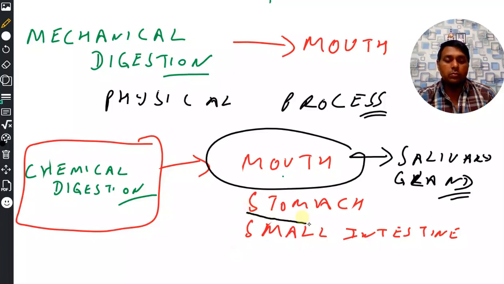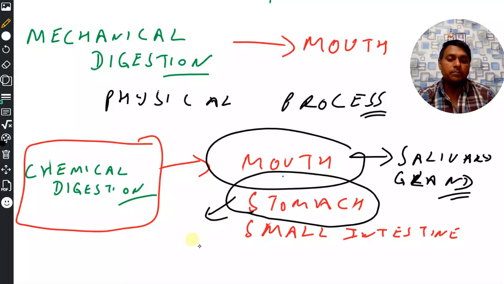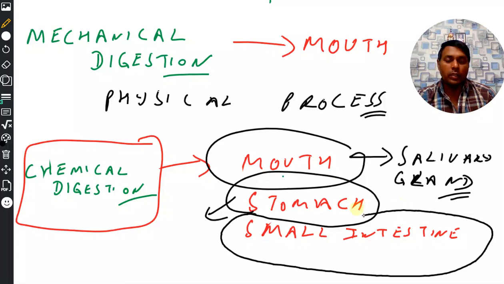Do you know what the enzymes in the stomach are and what type of acid is there? Do you know what is there in the small intestine which helps in increasing the area? Do you know the name of that part? We will do that in the next part.